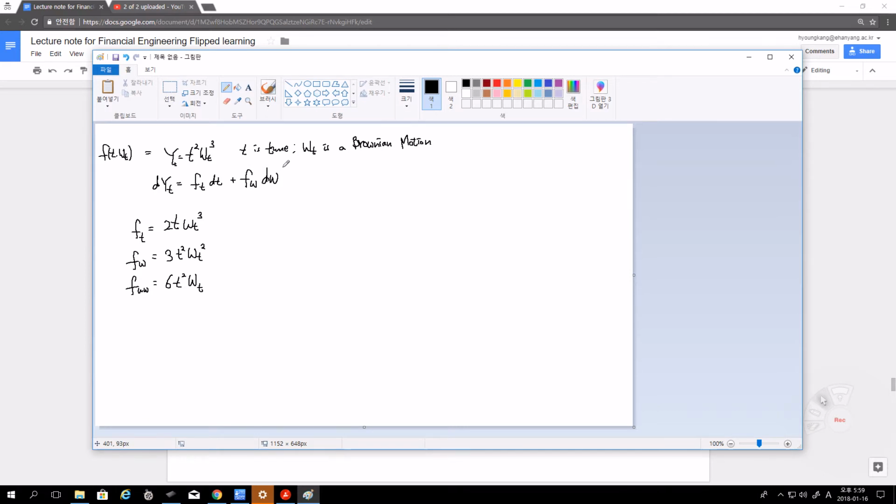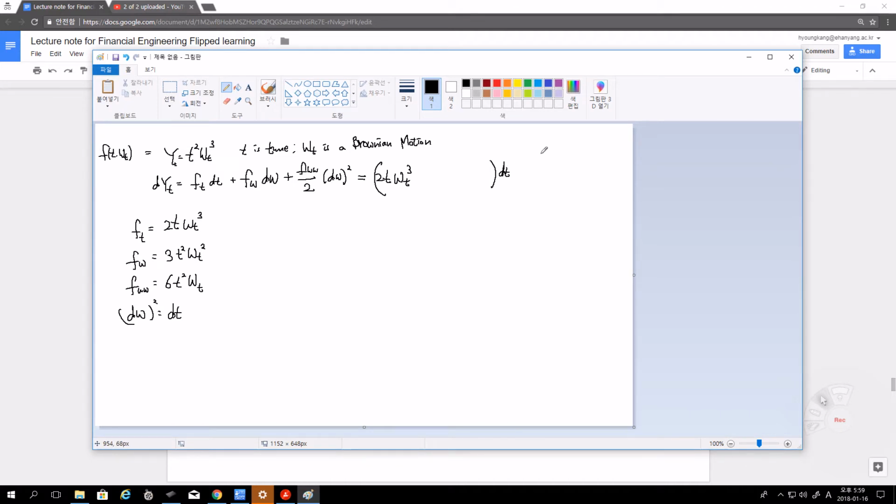And because it's stochastic calculus, we have to go up to the second order derivative, with dW, the change of Brownian motion, squared. And since dW squared is dt, which I proved in the lecture videos I recommended, we can just plug this in. Then it is 2t W_t^3, and then we have dt.